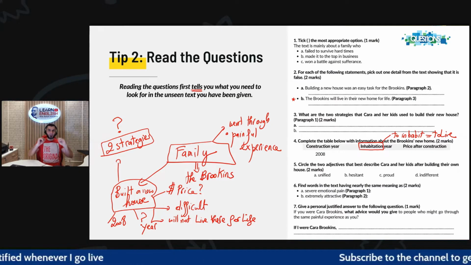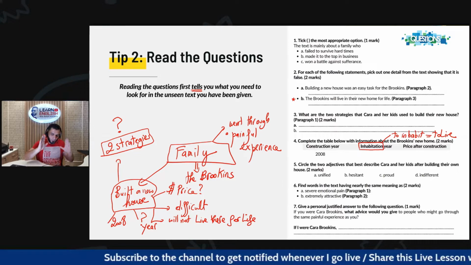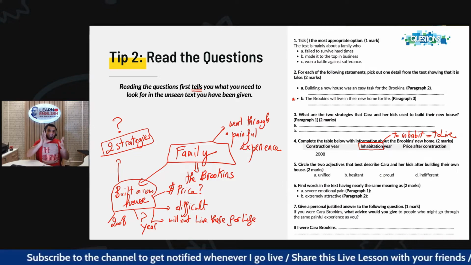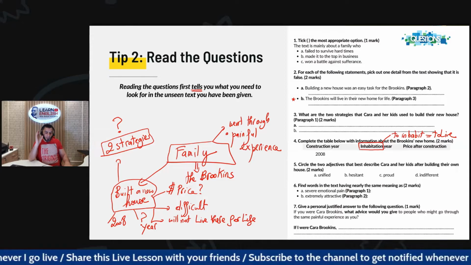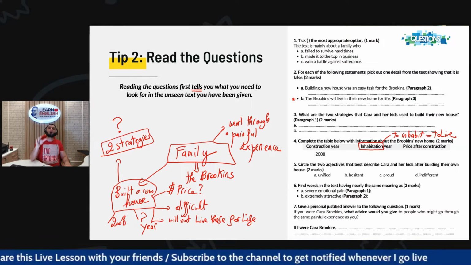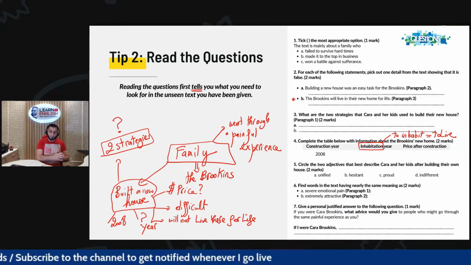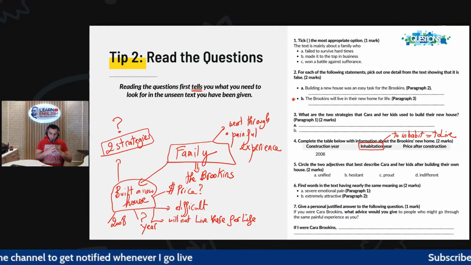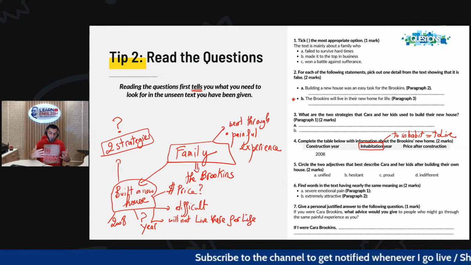Let me summarize it for you. So you see, now I have managed to get an idea about what the text is about even before reading the text. So what is likely the text is going to be about? So here it's about the family called the Brookins, who managed to build a new house. And they built this new house in 2008, and they don't have the intention to live in this new house forever, for life.